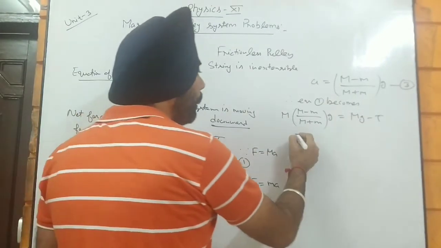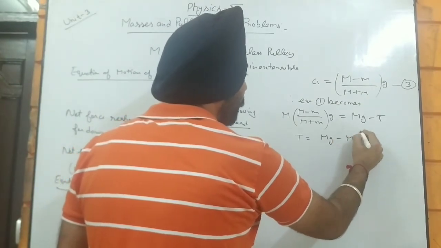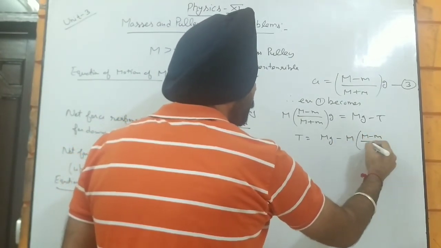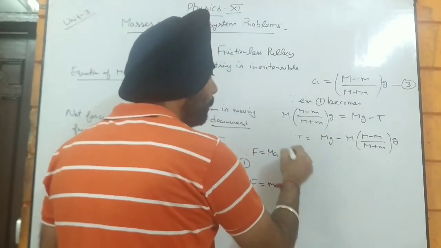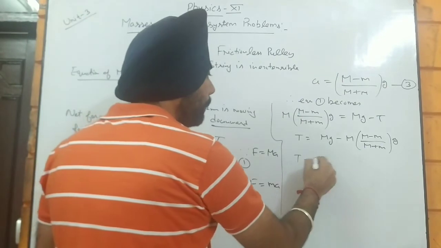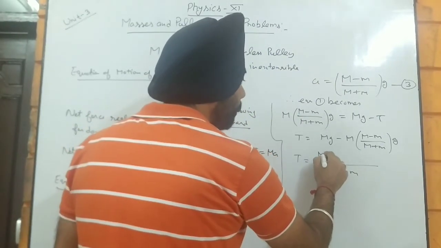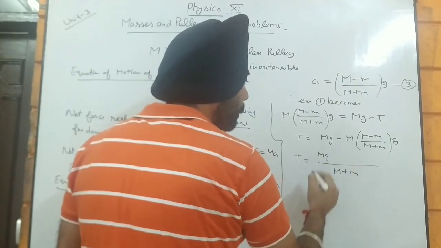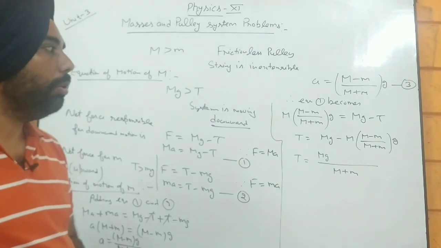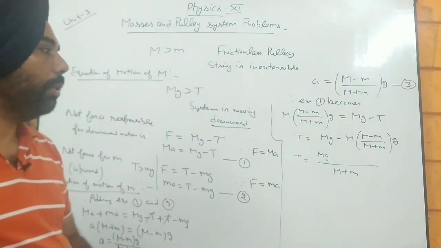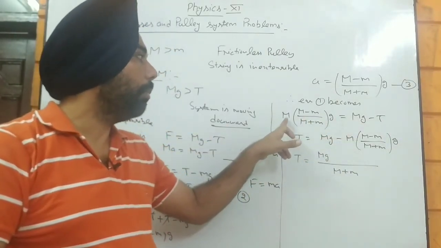So T is going to be equal to Mg minus M times a. You can easily go through that. It's very easy. You can just solve it mathematically. So that is going to be Mg. I have just shifted T here and put that value here.